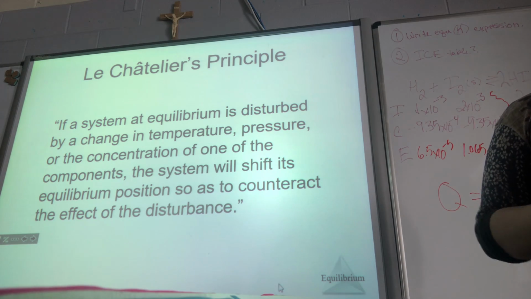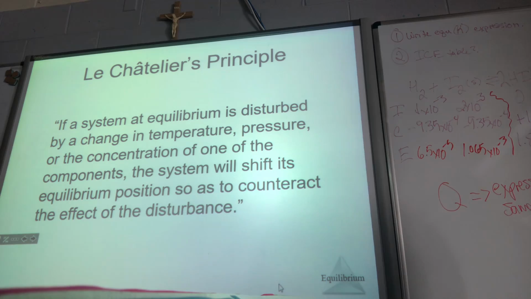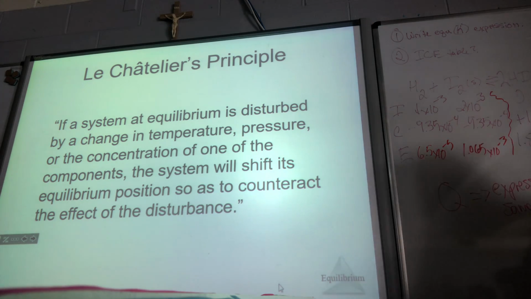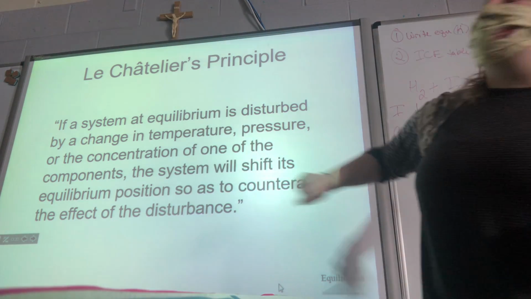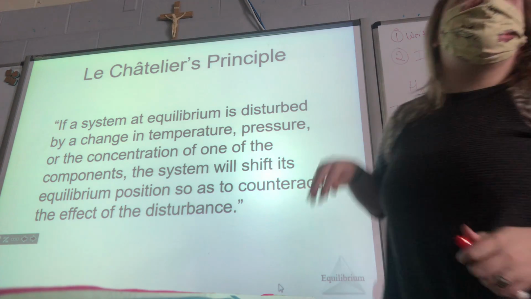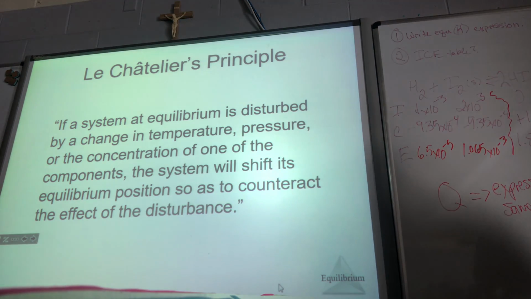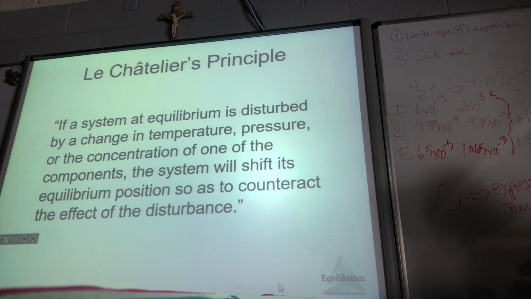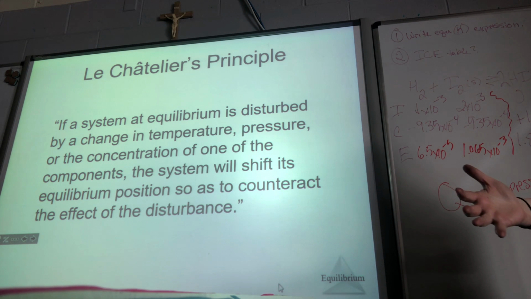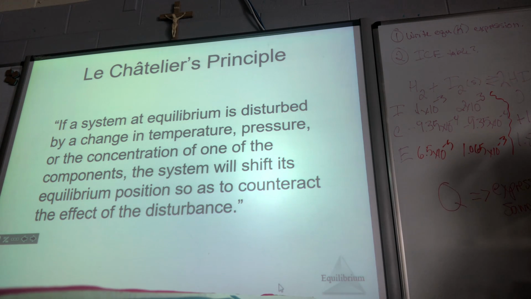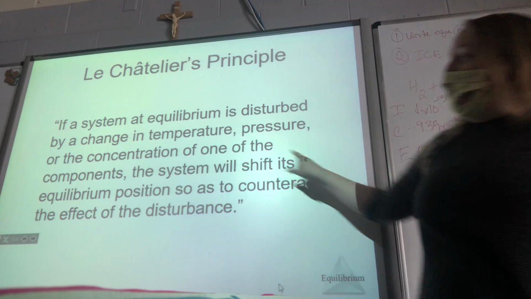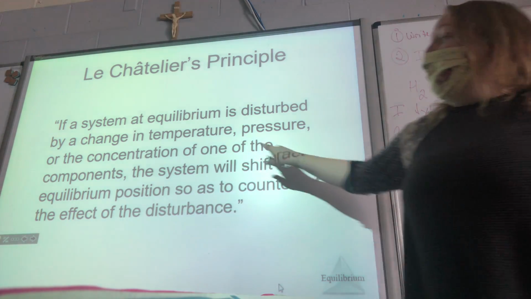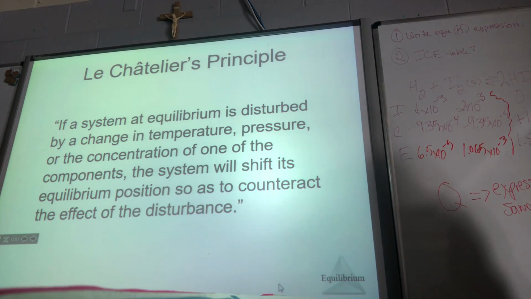Le Chatelier says that if you disturb that equilibrium by changing temperature, concentration of something, or the pressure of something, the equilibrium will shift to get back to equilibrium. You may have new equilibrium concentrations, but eventually your system will equilibrate again.